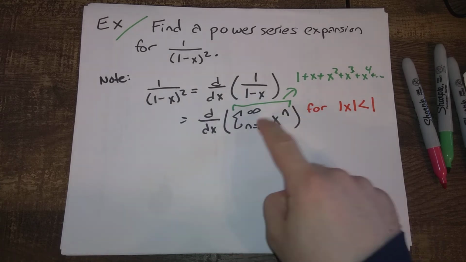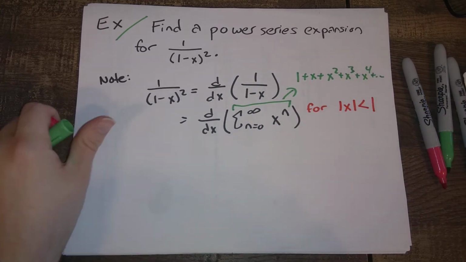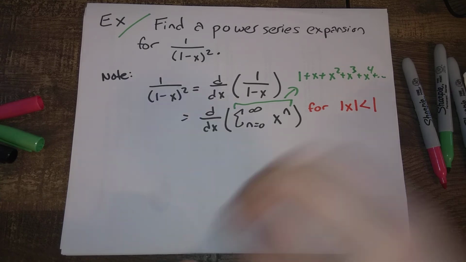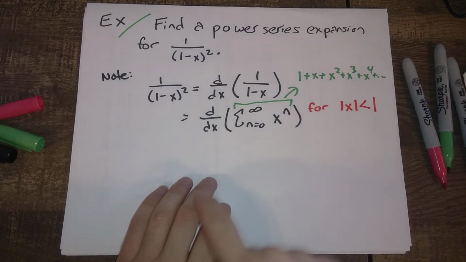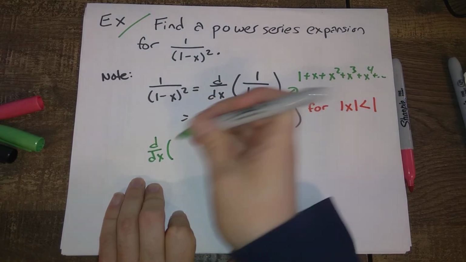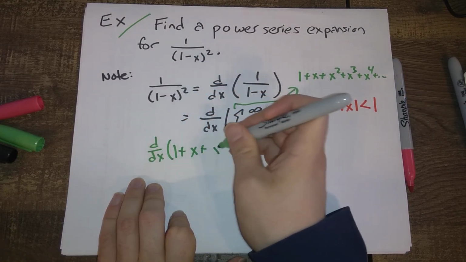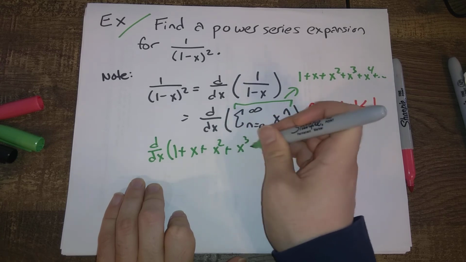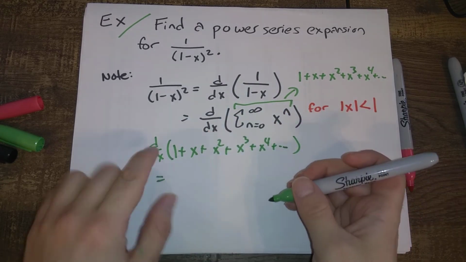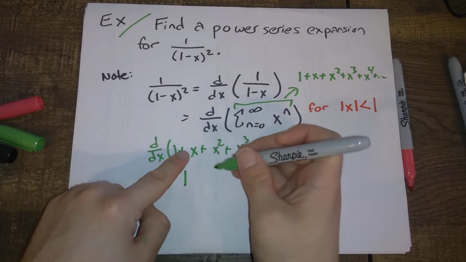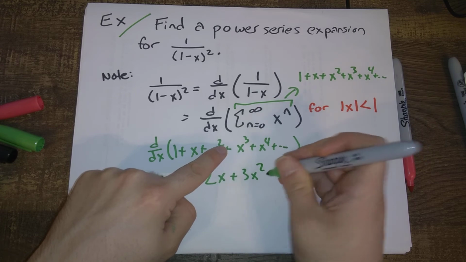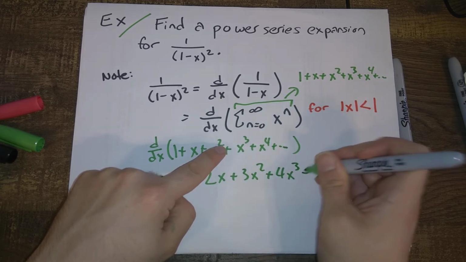So our power series expansion is valid for absolute value of x less than 1. So let's take the derivative of 1 plus x plus x squared plus x cubed plus x to the 4th. That's going to be 0 plus 1 plus 2x plus 3x squared plus 4x cubed plus and so on.